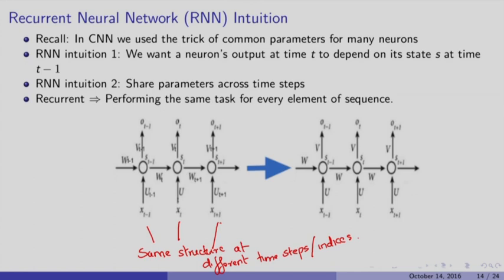Now the weight associated for transition from s t minus 1 to s t and the weight associated for transition from s t to s t plus 1 of the same neuron are kind of dependent on the time.